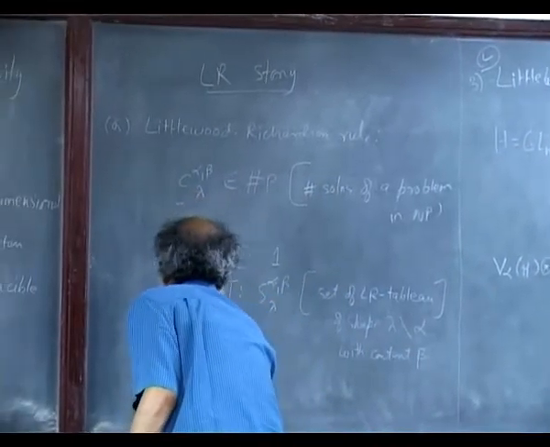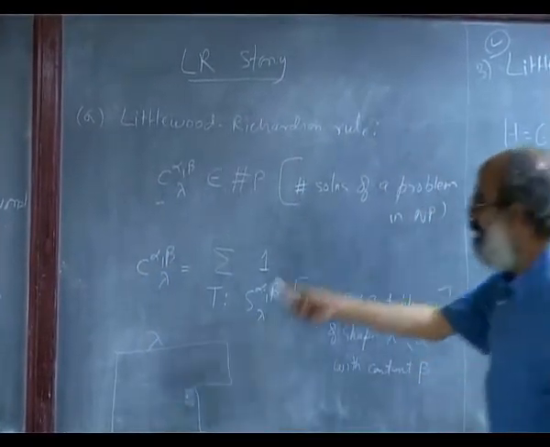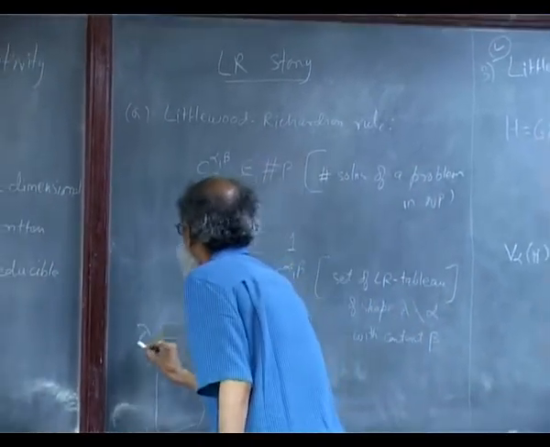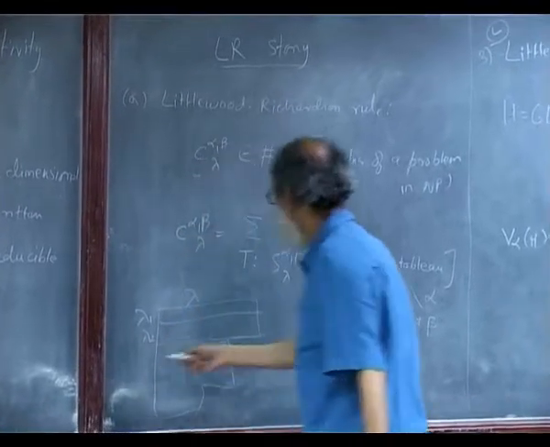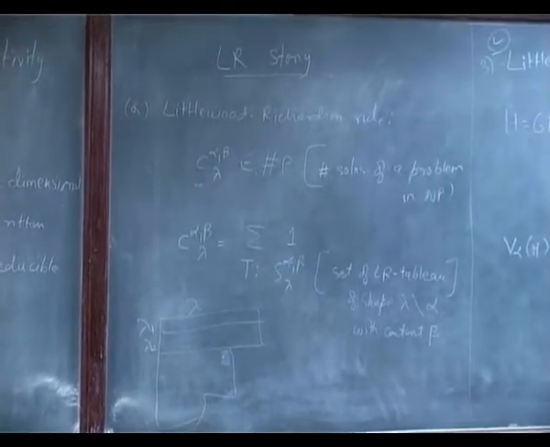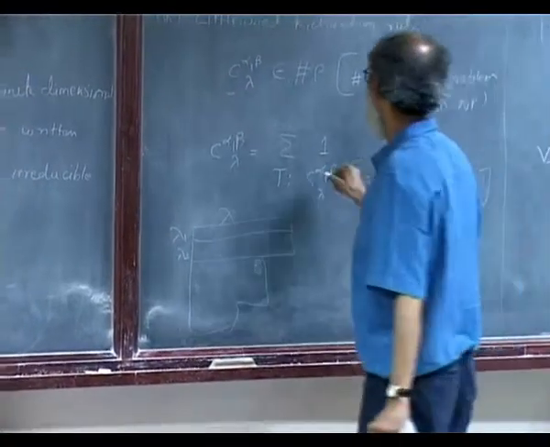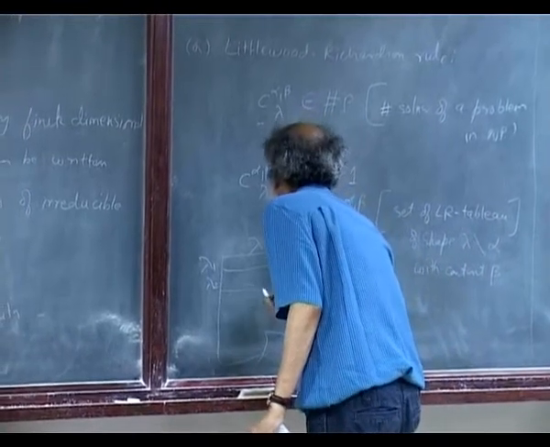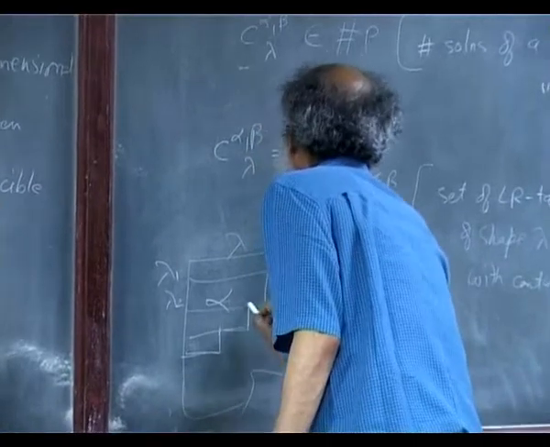What is meant by that is, each lambda is a partition, and corresponding to that there is a diagram called the Young diagram, which has lambda i boxes in the ith row. So you take the Young diagram corresponding to lambda, and the Young diagram corresponding to alpha, which we assume is smaller than lambda, so alpha inside lambda.